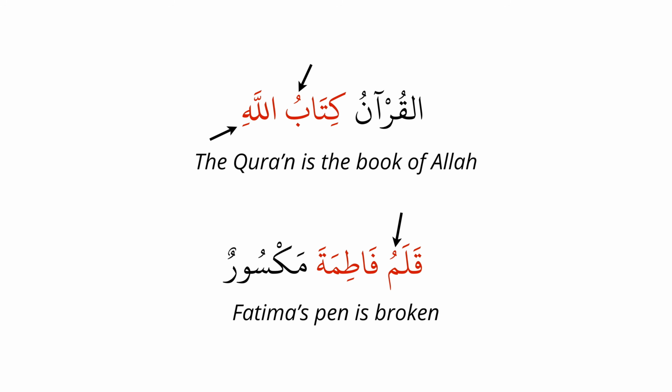And the noun Fatima following it is in the genitive case indicated by fathah, because the noun Fatima belongs to al-mamnu' min as-sarf, يعني it is a diptote, which I have already explained in one of my previous videos. And maksurun means broken, so Fatima's pen is broken.